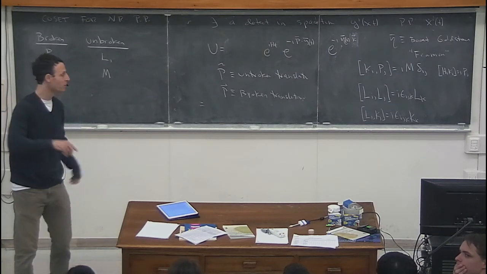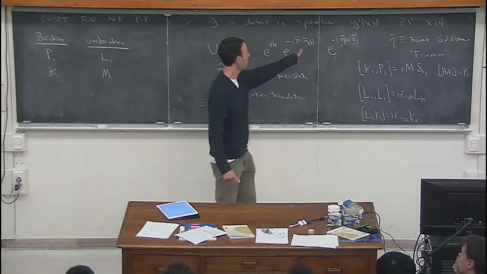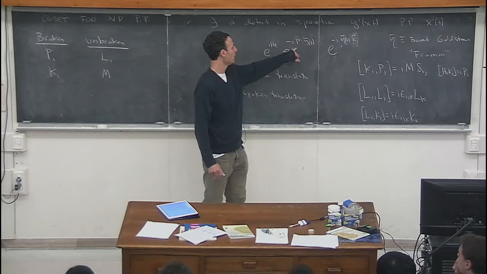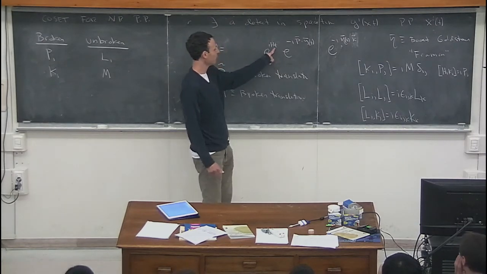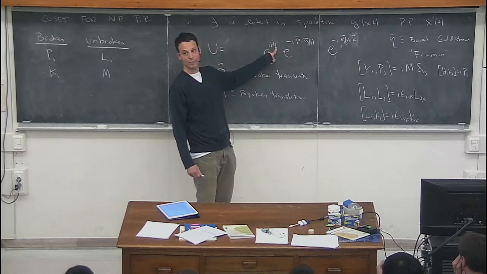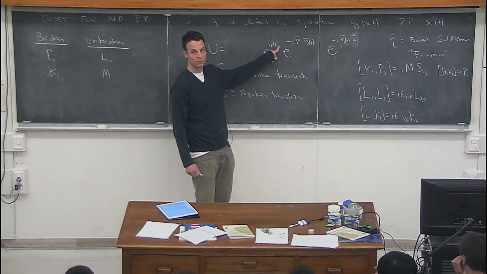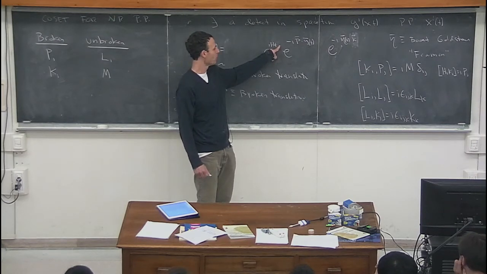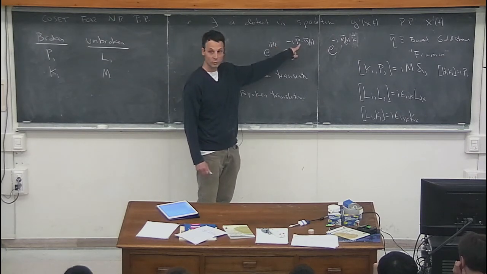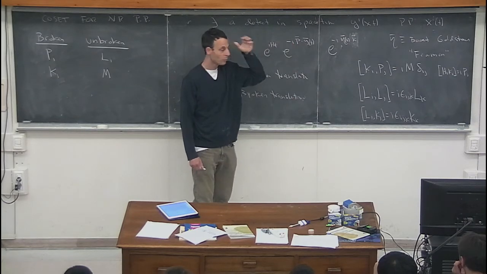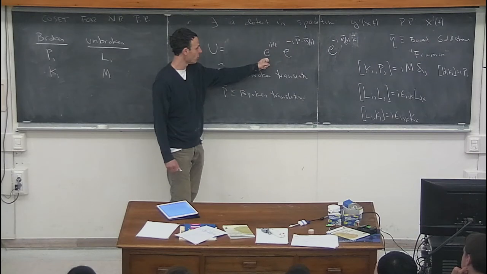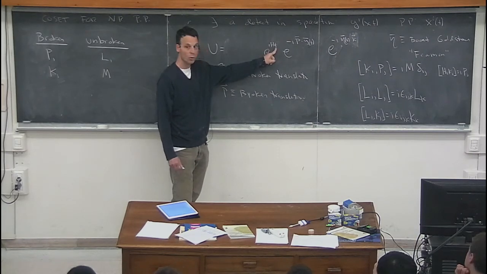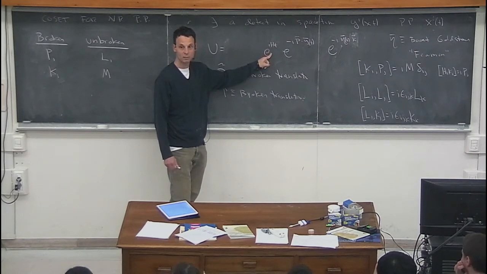The two unbroken translations would get dotted into the coordinate, and the broken ones would go there. Sorry, I said it backwards. But notice that I've broken all my translations, so the only thing with explicit coordinate dependence is the h.